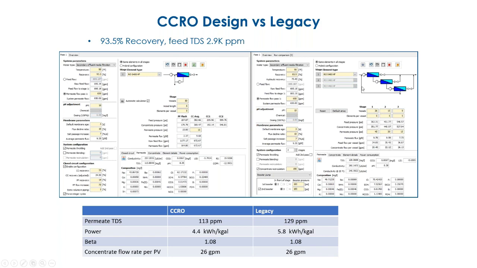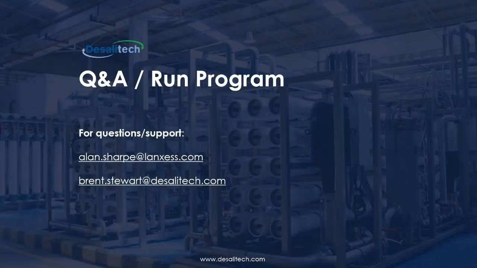So from a design and operational standpoint, you can see the complication with the traditional system and the beautifully simple CCRO process. So we're running out of time here. We've got about 7 minutes, and I'll hand it over to Leanne for Q&A.